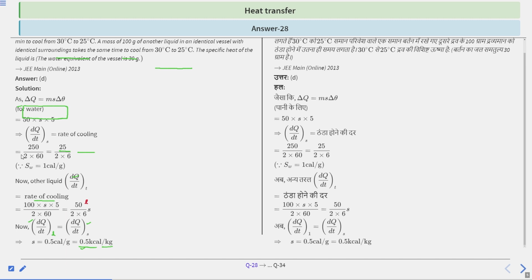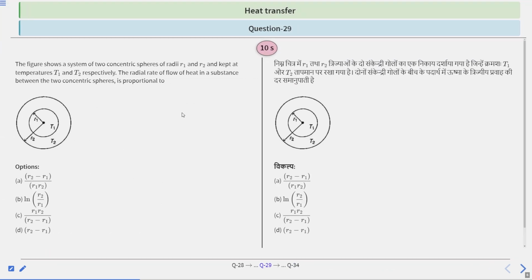Next question. Question 29. The figure shows a system of two concentric spheres of radii R1 and R2 kept at temperatures T1 and T2 respectively. The radial rate of flow of heat in a substance between two concentric spheres is proportional to what?